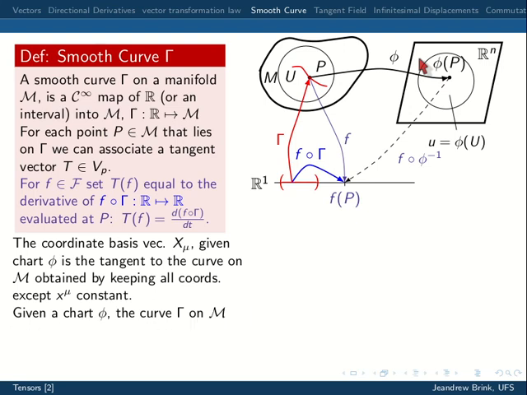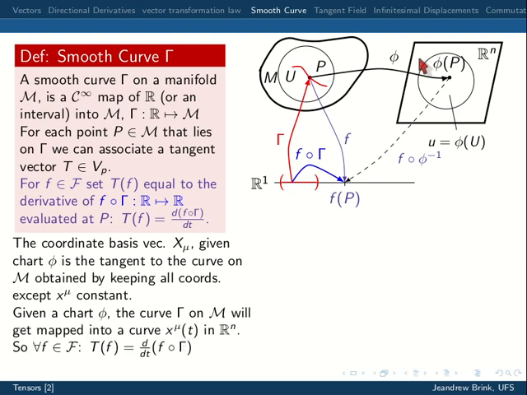And what we can then do is say our tangent vector f, to get its components, is simply the derivative of that combination, but we can get to that combination going that way round.